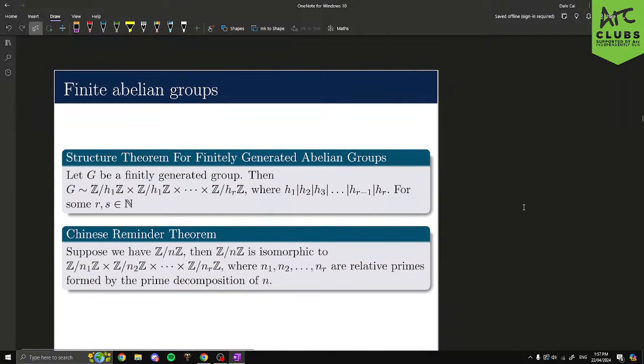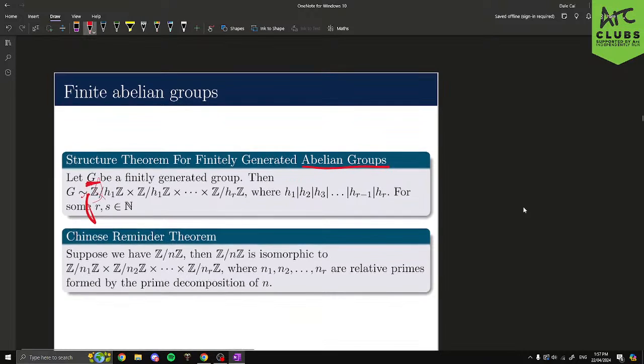Okay, so here's some theorems about this, to find a product of cyclic groups that an abelian group can be decomposed into. Firstly, if I take any finitely generated abelian group, G, then I can decompose it into, okay, this is slightly wrong.